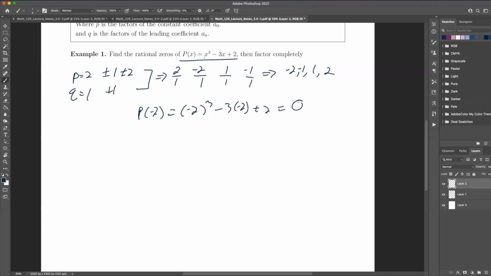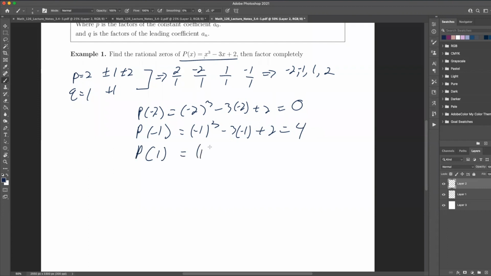Here we'll have p of negative 1, which is negative 1 cubed minus 3 times negative 1 plus 2. Well, this ends up being negative 1 plus 5, which is 4. Sorry, if I could do math.